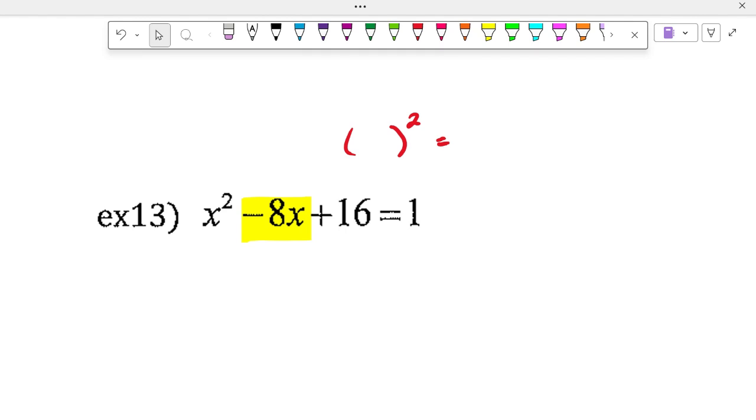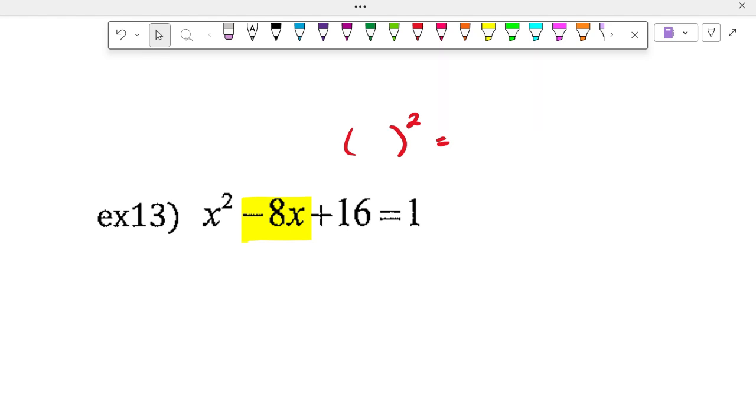So if I go from standard form to vertex form, how do I do it? What's the method? What's the pain in the butt method that we did a lot of practice on? Remember the algebra tiles?